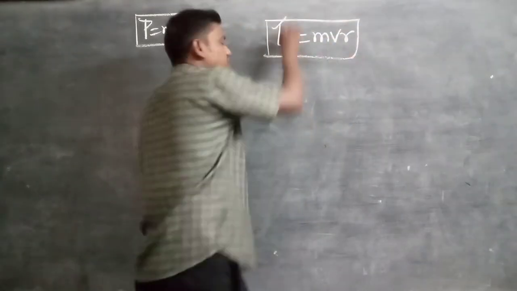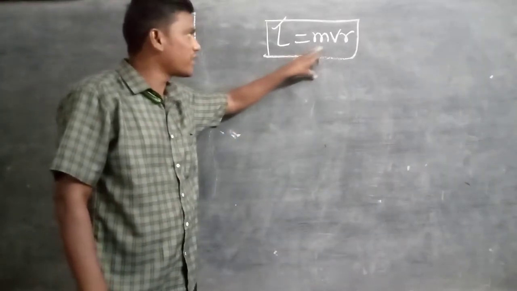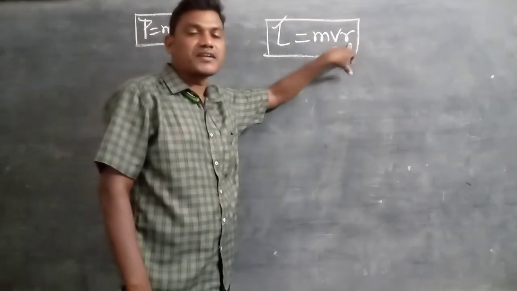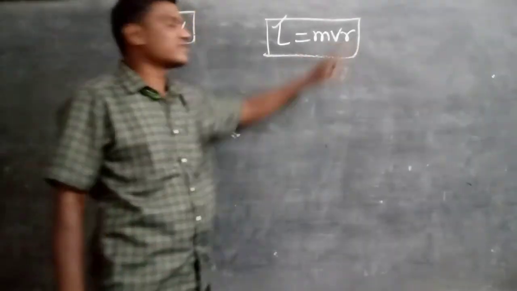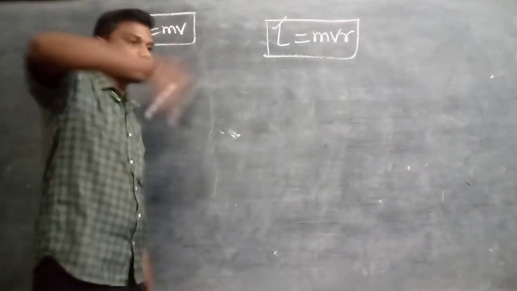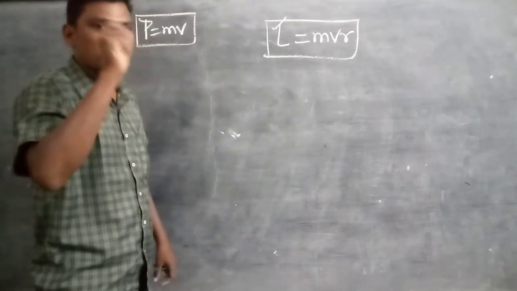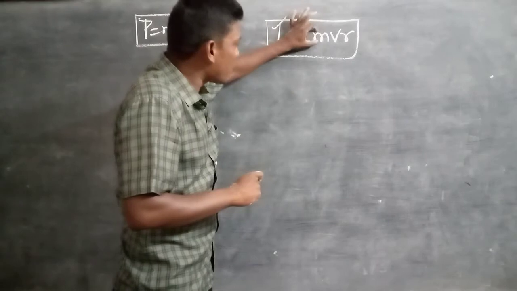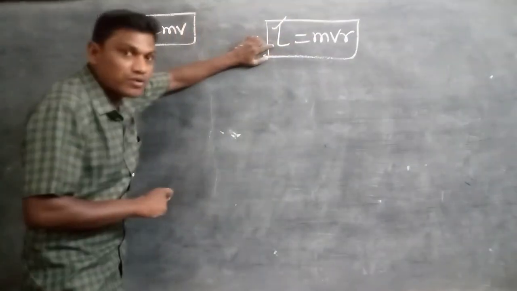Capital L represents the angular momentum, m is the mass of the particle or body, v is its velocity, and r is the radius of the curvature or radius of the curved path. Because the body is moving in a curved or circular path, along with mass and velocity we consider the radius in the case of angular momentum.